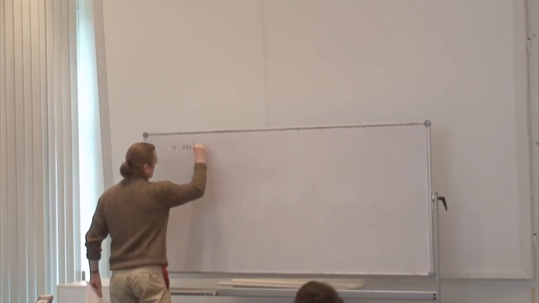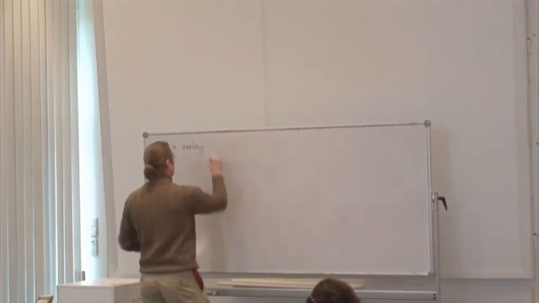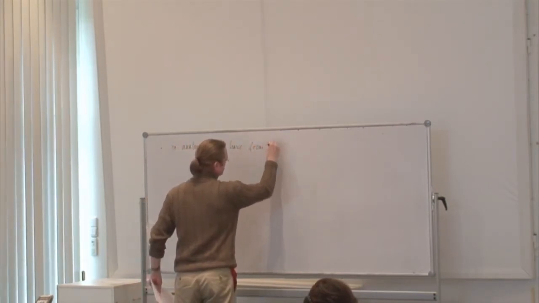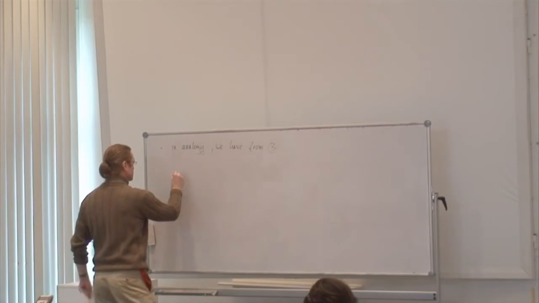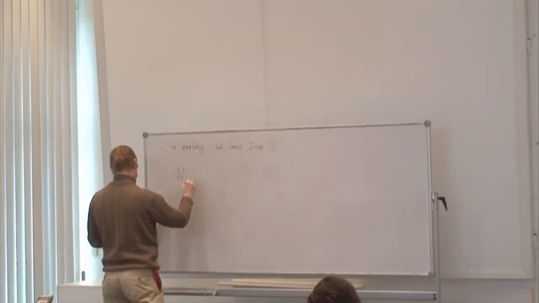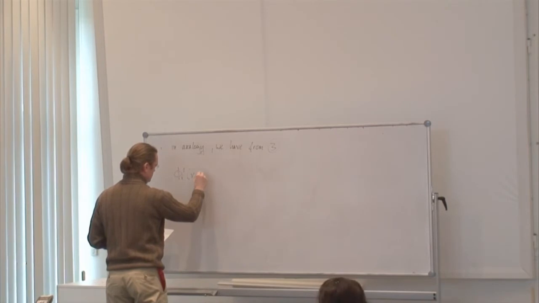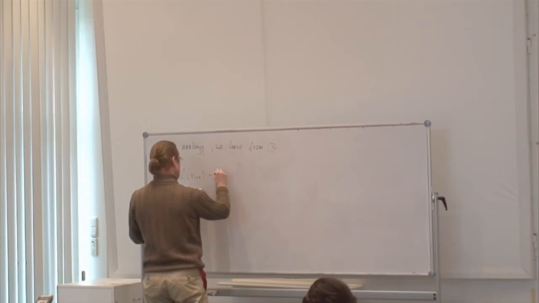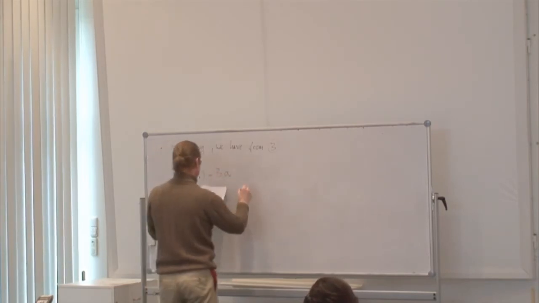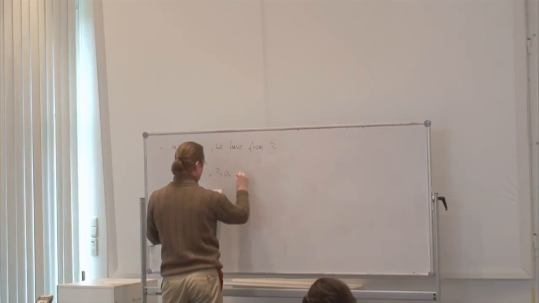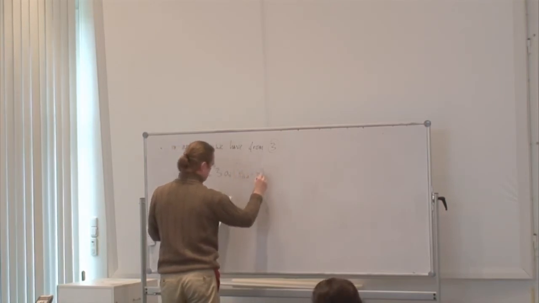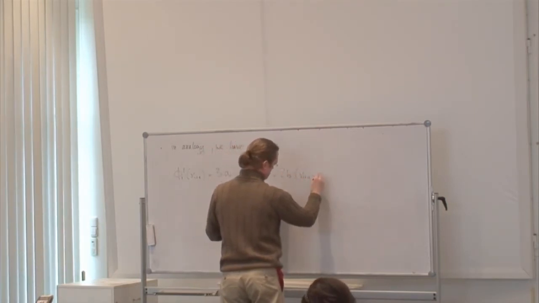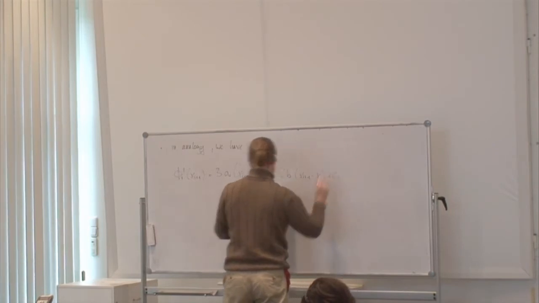In analogy, we have from what I called equation 3 that phi_i prime evaluated at x_(i+1) is 3a_i (x_(i+1) minus x_i) squared plus 2b_i (x_(i+1) minus x_i) plus c_i.